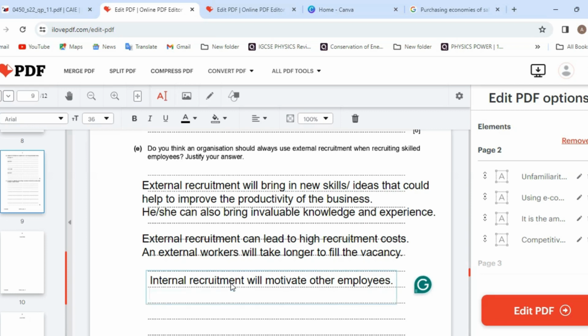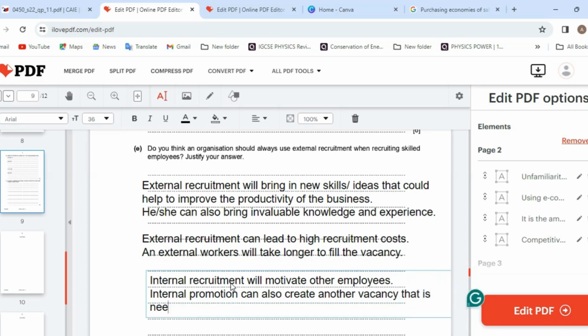Yes, internal promotion can also create another vacancy that needs to be filled instead of wasting time to have external workers.